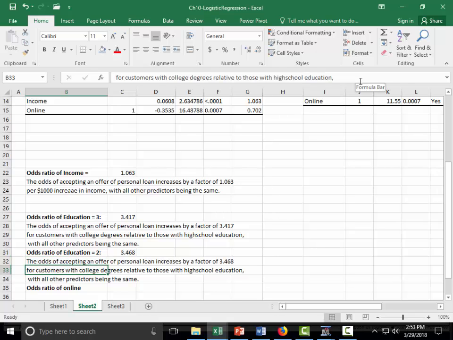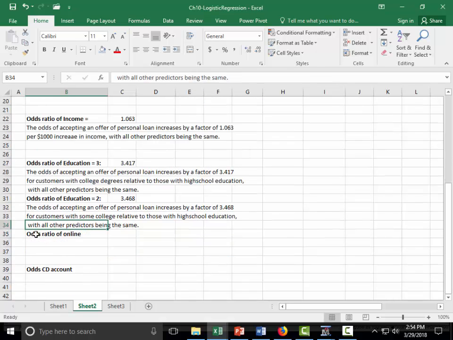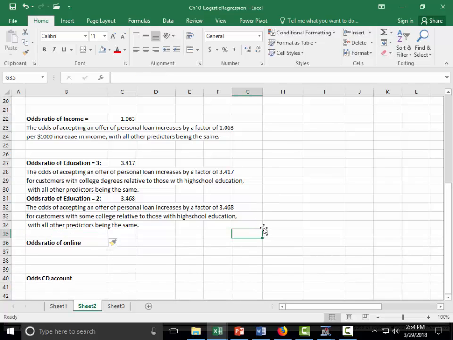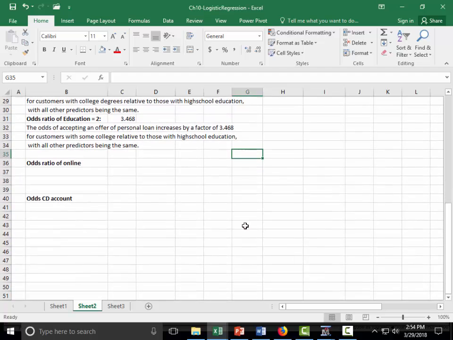Again, we're not going to say increases by 1, right? You should say for customers with some college relative to those with high school education. All right? Are we good? All right.